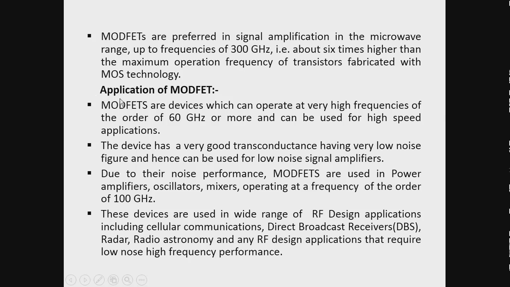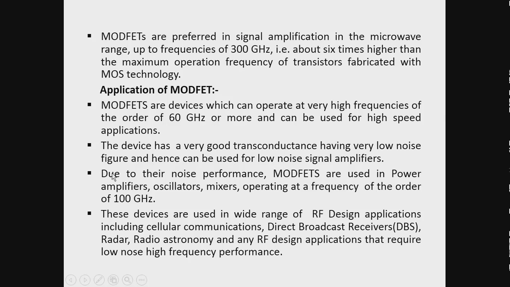Now we will see what are the applications of MODFETs. As we have seen, MODFETs are devices which can operate at very high frequencies of the order of 60 GHz or more, and that can be used for high speed applications. The device has a very good transconductance, having a very low noise figure, and hence can be used for low noise signal amplifiers.